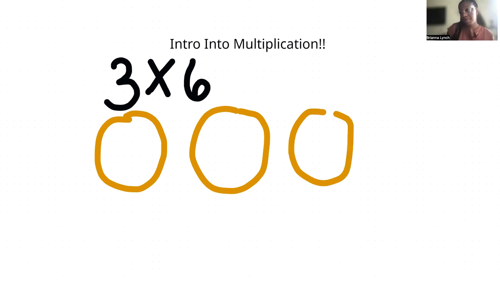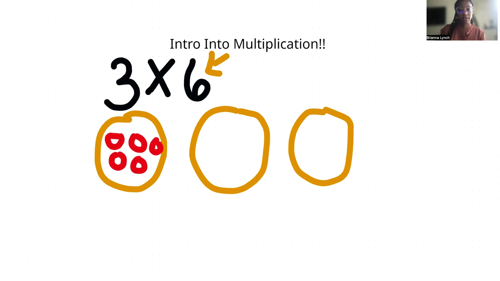And when I went apple picking this time, though, how many apples am I going to put in each basket? I'm going to put 6 apples in each basket. All right, so let's go ahead and draw 6. 1, 2, 3, 4, 5, 6.